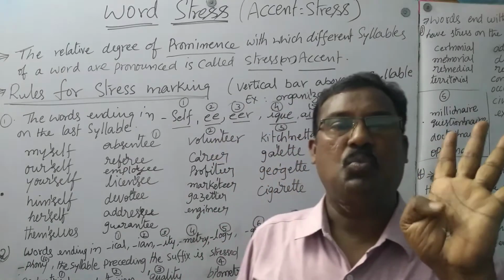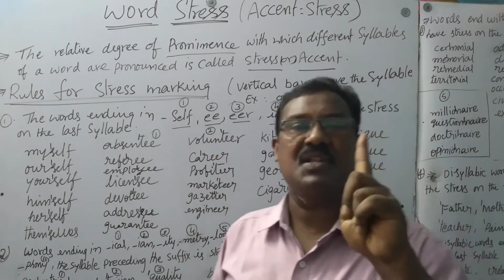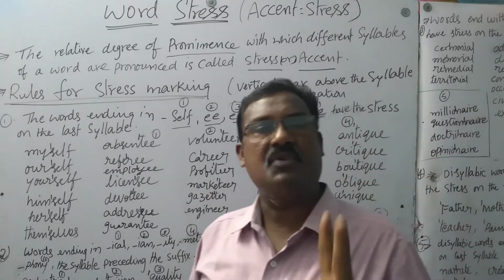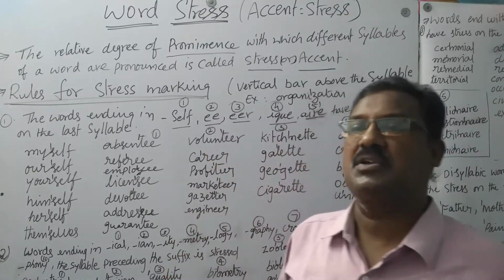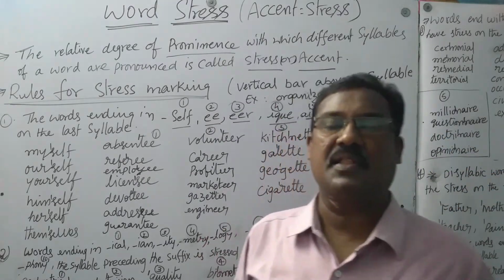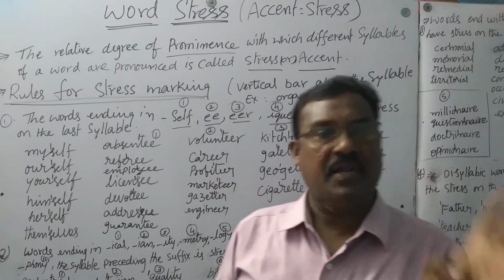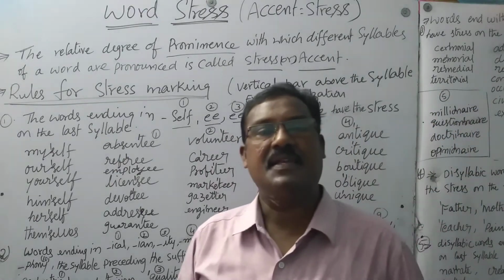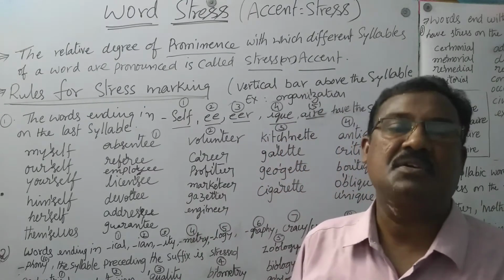four parts. Monosyllabic word, only one syllable, for example, take. Two syllables are there in the word, that is called disyllabic word. Create, two syllables are there. Recreate, three syllables are there, that is called trisyllabic word.